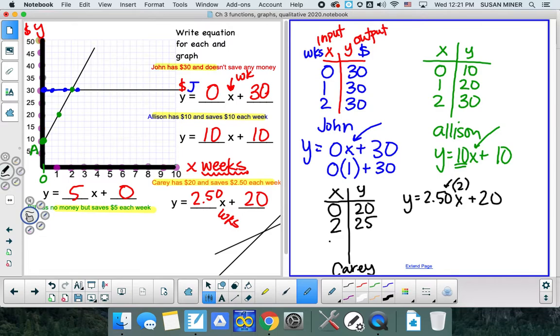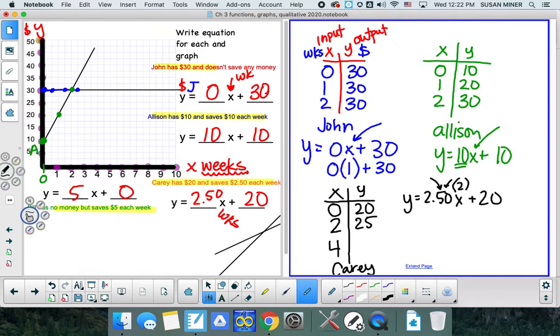And then I'm going to go up to 4 weeks, and I'm using multiples of 2 because I really like to graph with whole numbers, and I can see that's 50 cents. And so I want to have whole dollar amounts. That's easy to graph. I don't want to have to graph a decimal or a fraction. So I'm choosing multiples of 2 this time so that I get whole numbers coming out.